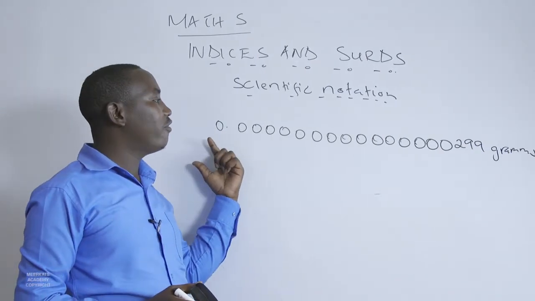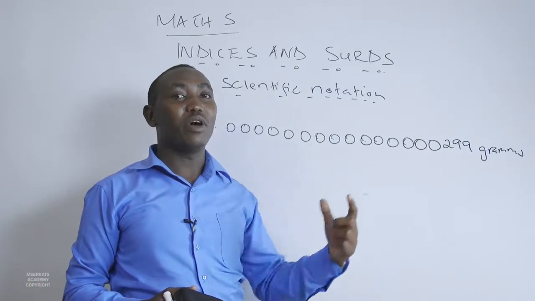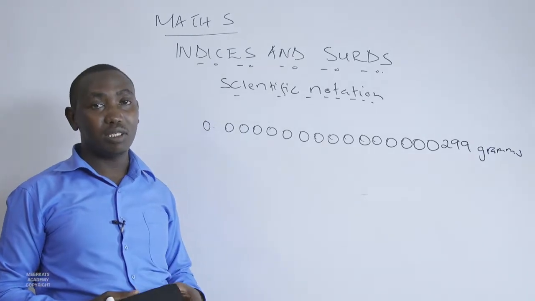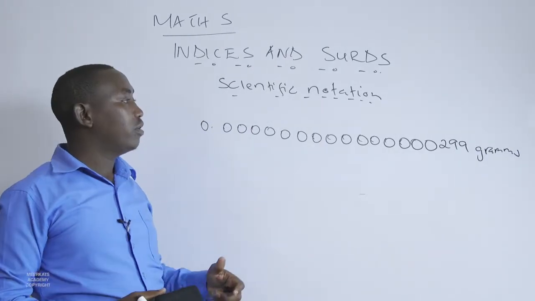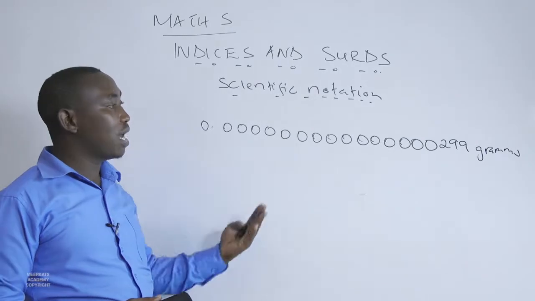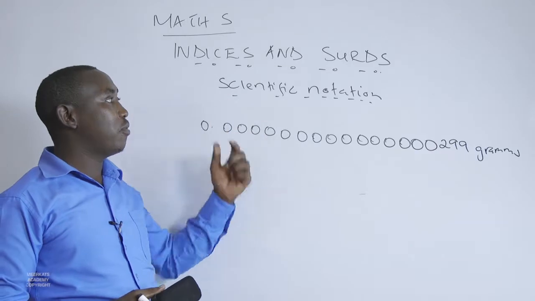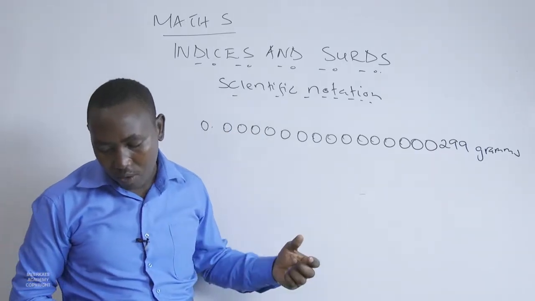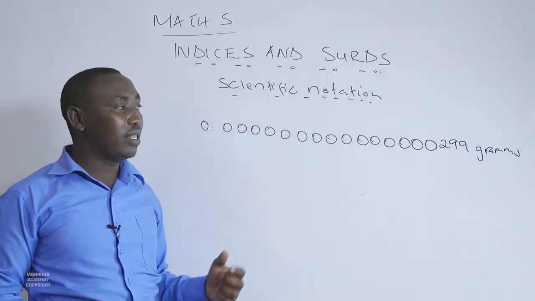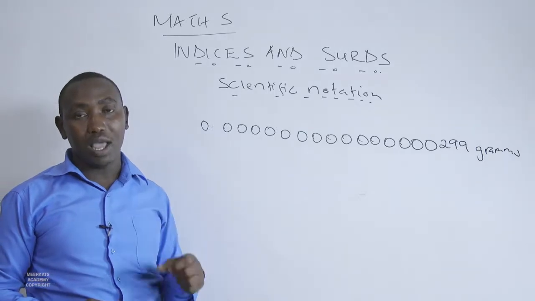We have 0 followed by so many zeros before reaching the first target number. So scientists discovered that writing this particular number takes a lot of time and a lot of energy, and therefore they came up with a scientific notation on how we can rewrite this same number but in a shorter form.